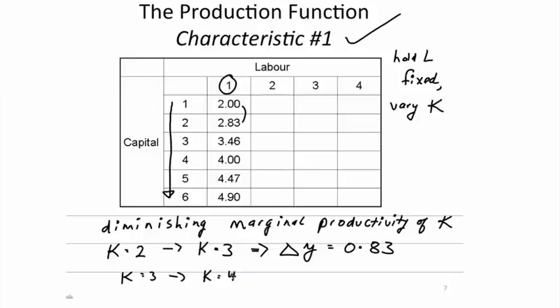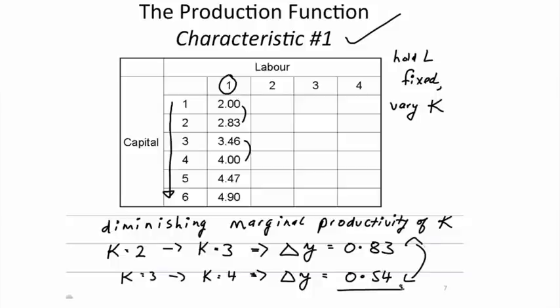If you repeat this exercise, this time starting from K equaling 3 and moving from K equal to 4, then from the table you can see that, yes, once again, output does change. Changes by 0.54. And compare those two numbers and you'll see what we mean by diminishing marginal productivity of capital.